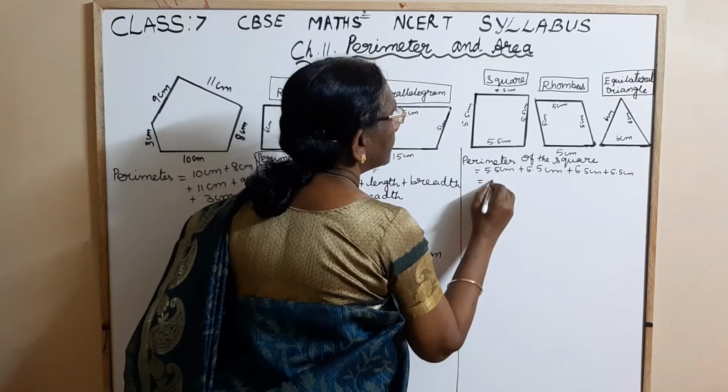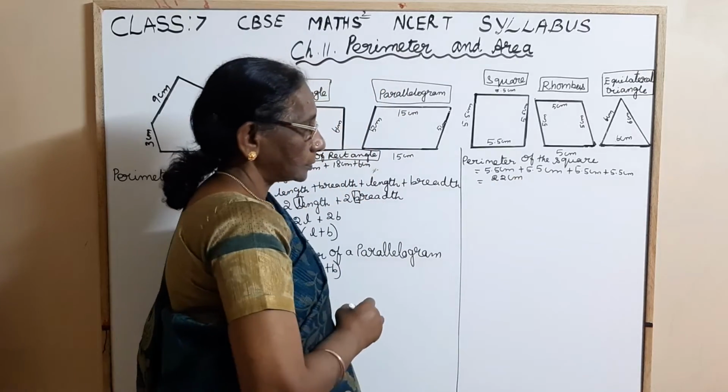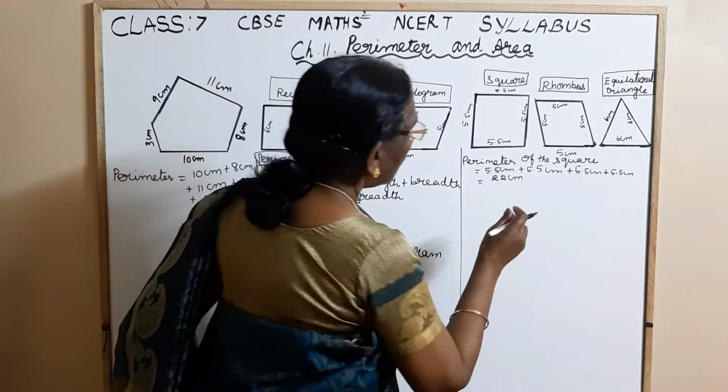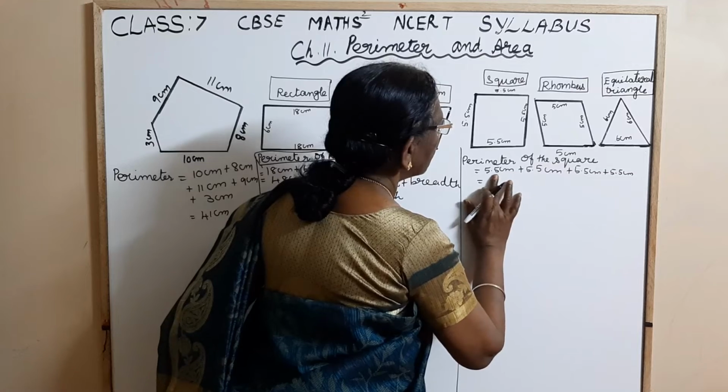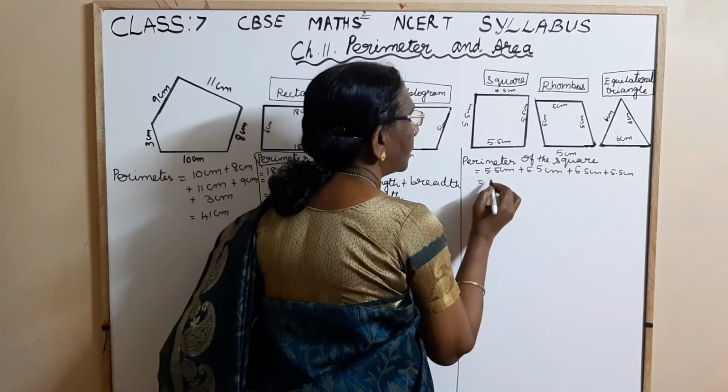So what do you get? 22 centimeter. Isn't it? Instead of writing this, you can write in the short form. We are adding this 5.5 how many times? 4 times.